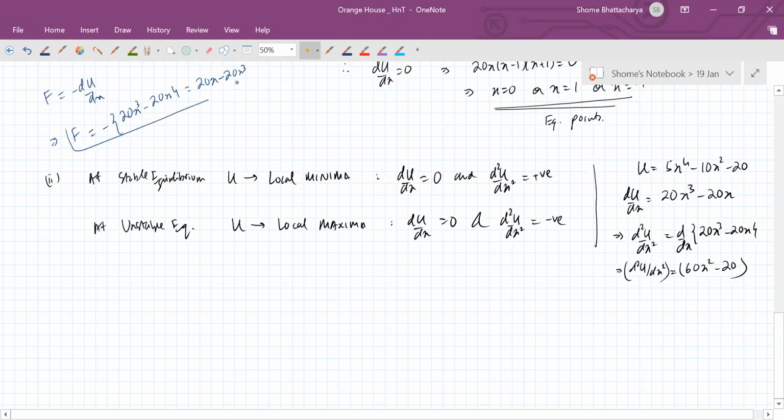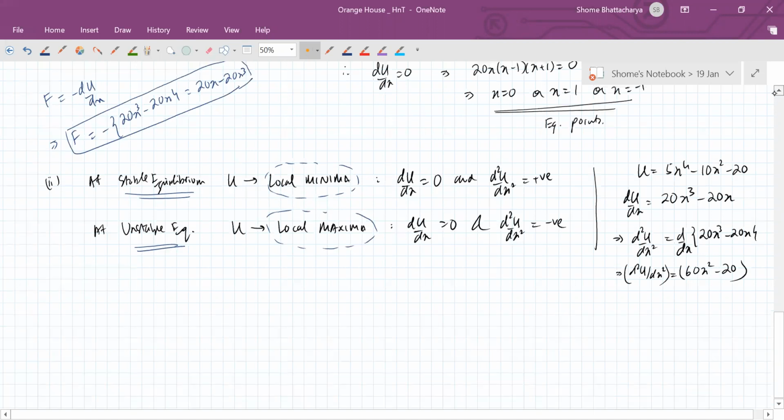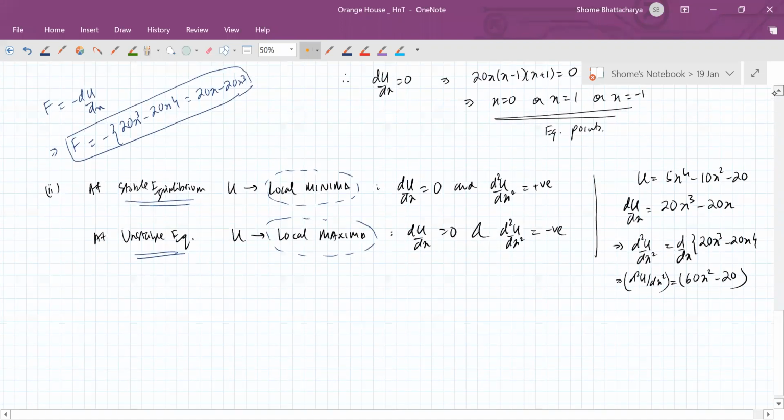That is about the force. Okay, but I'm not calculating the value of force here. I'm just calculating where stable and unstable equilibrium is. So that is the position of local minima and the position of local maxima. So there's no additional negative term there, no?